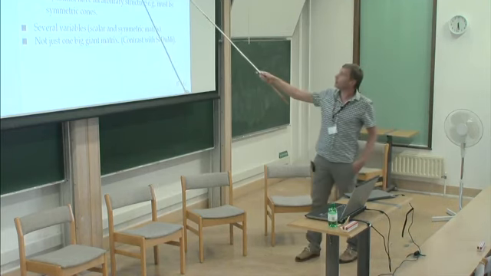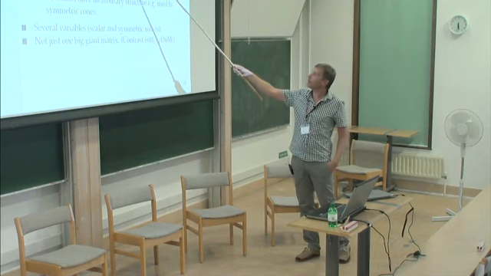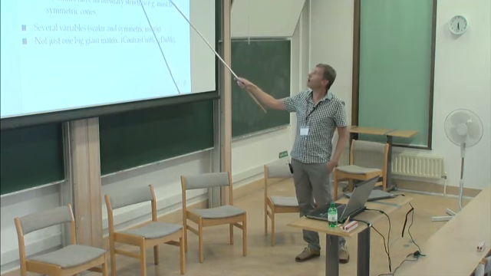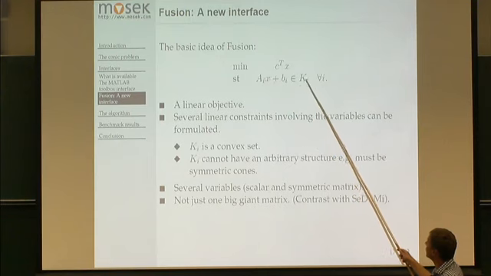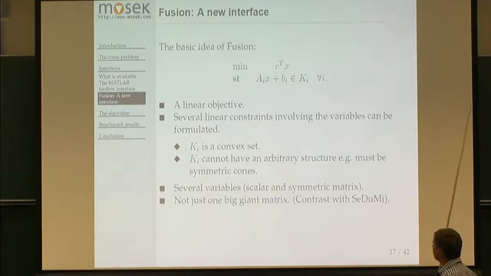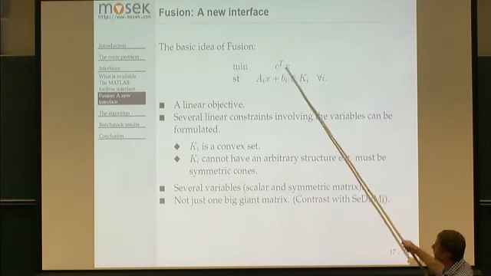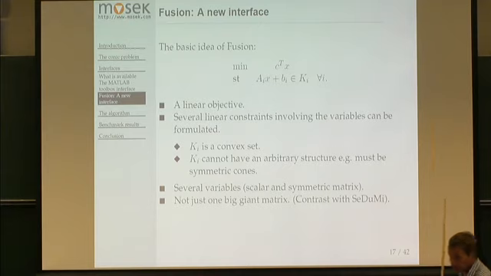You can minimize a linear function, and then you can define a linear expression over your variables, and then tell it that it is a member of a cone K. The way you should think about it is that these variables could be either scalar variables or symmetric matrix variables.